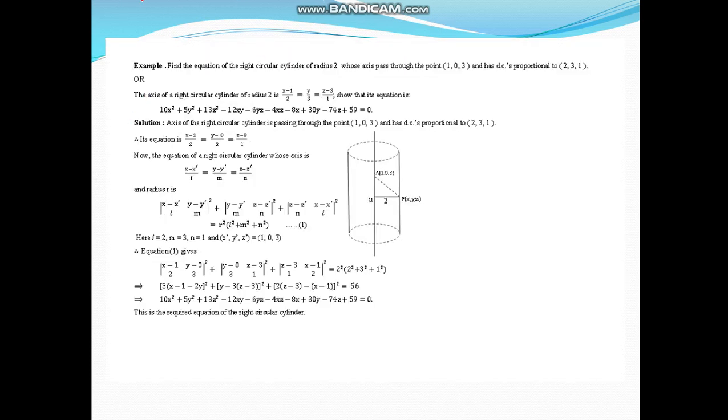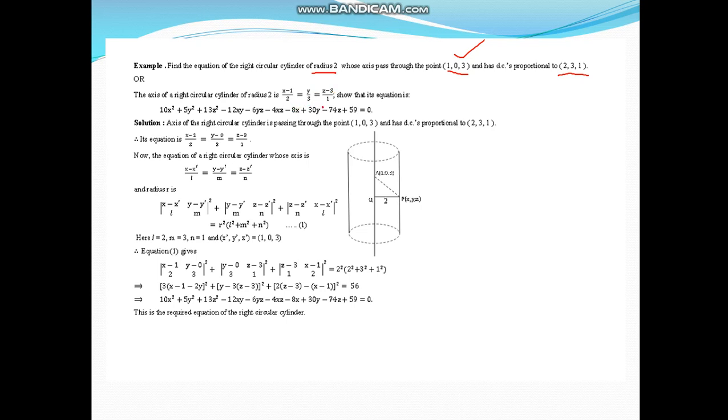Now see this example. Find the equation of RCC, that is right circular cylinder. Radius is 2, the axis passes through this point, and the DCs are proportional to this. Or the axis of the cylinder of radius 2 is (x minus 1)/2. First find out the equation of our line. The line is passing through the point (1, 0, 3), that is (x minus 1), (y minus 0), (z minus 3) upon l, m, n.